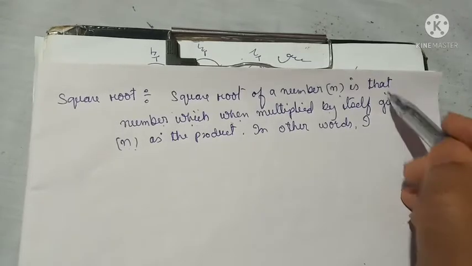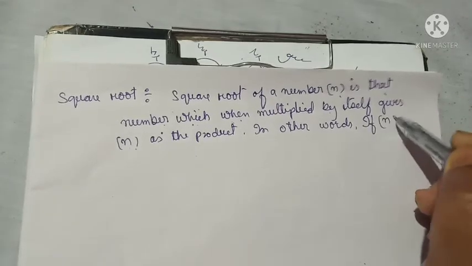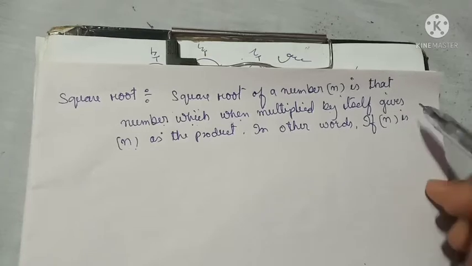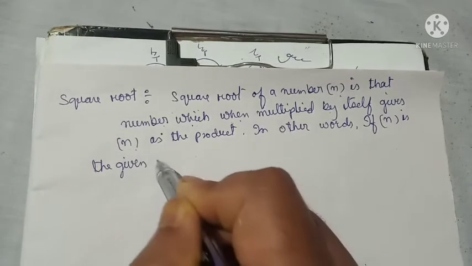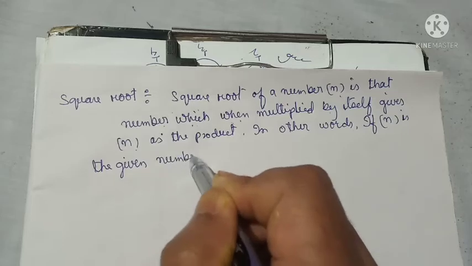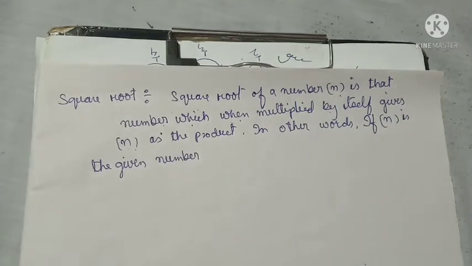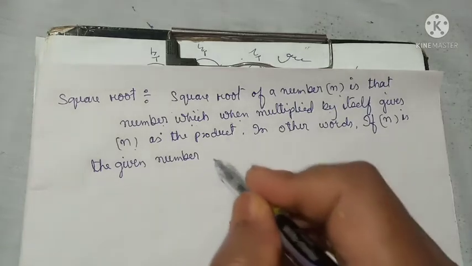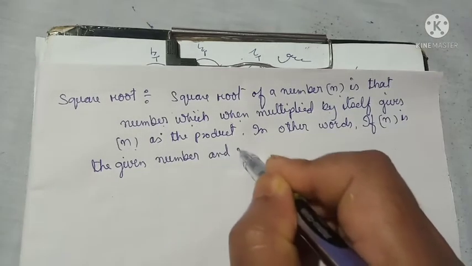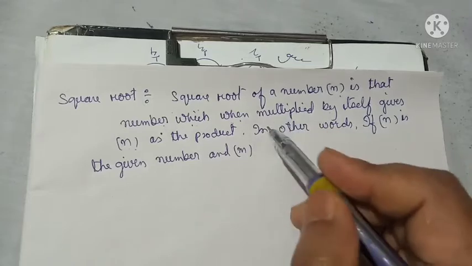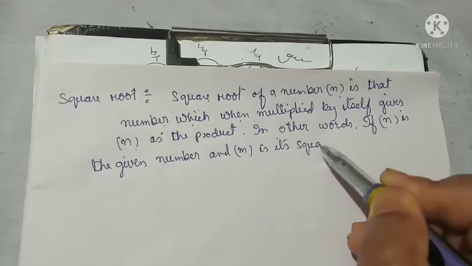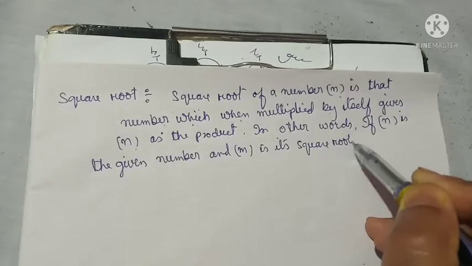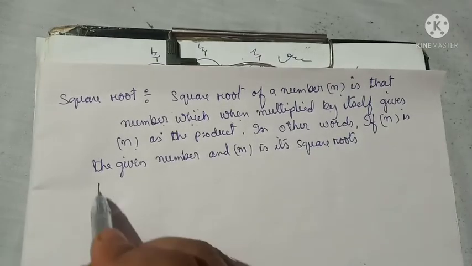So in other words, if n is a given number and m is its square root, then how will you write?